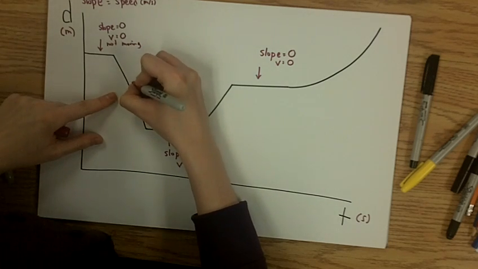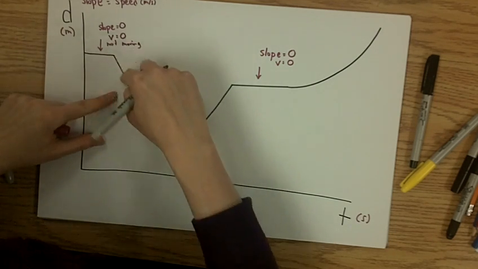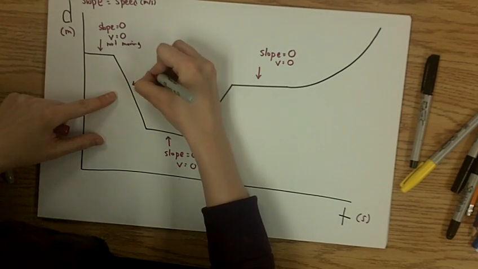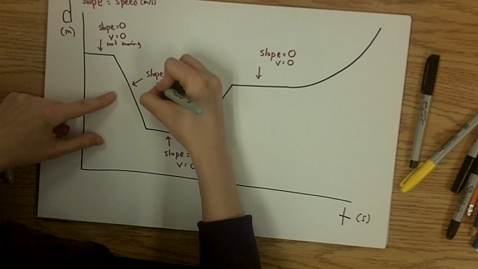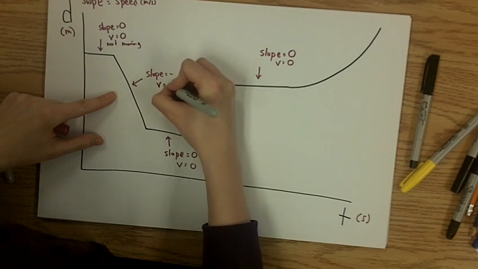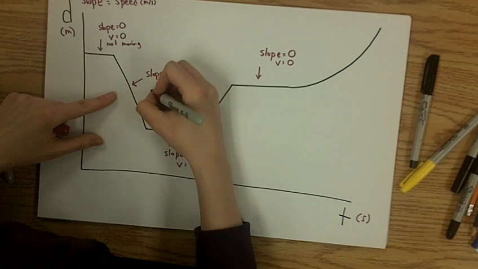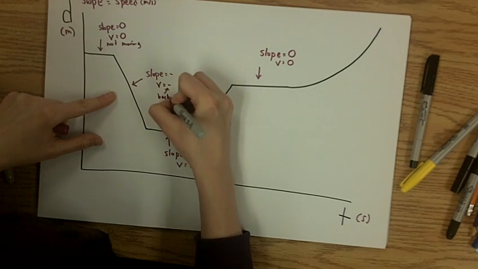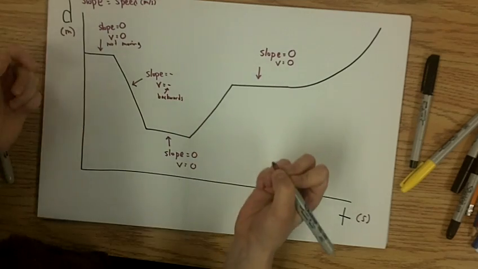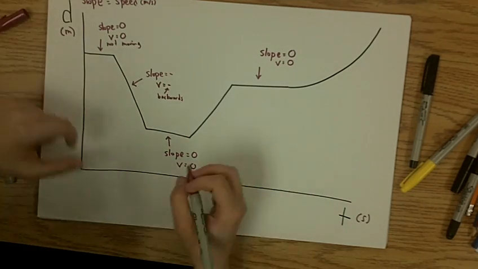The next section here has a negative slope. It's sloping downward. This tells us that the v, whatever the number is going to be, is negative. Negative speed means backwards, or down, or south, or left, or west.